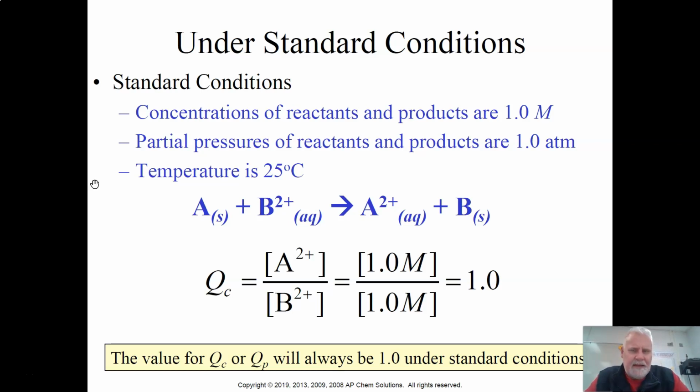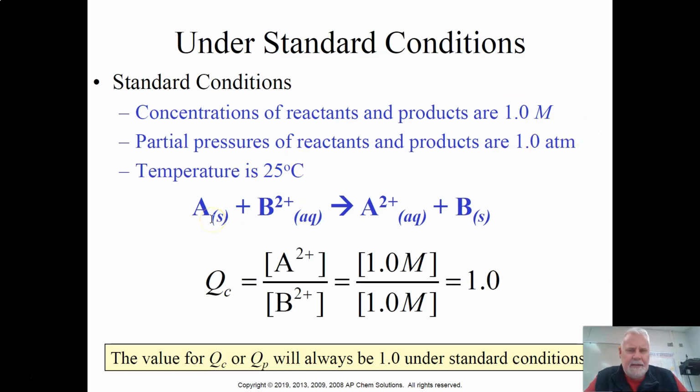We talked about that last lecture, didn't emphasize it very much, but here you really have to use it. Under standard conditions the concentration is 1.0 molar, the pressure is 1 atmosphere, and the temperature is 25 degrees. So you're going to circle or highlight those 3 things.